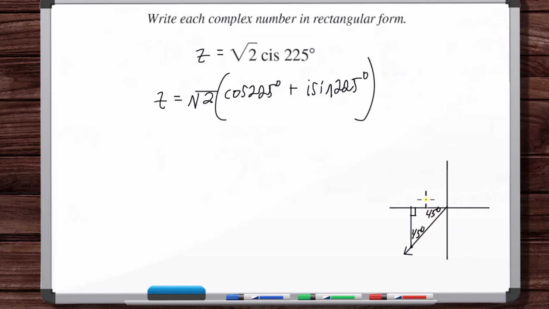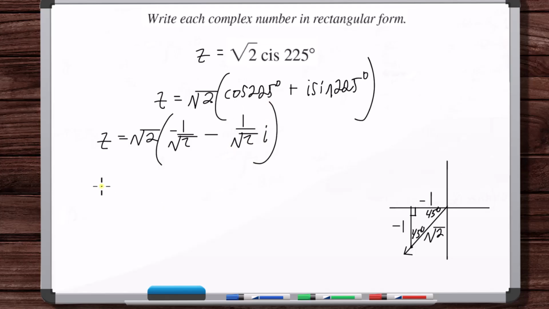Okay, so let's see, that's going to be minus 1 root 2. So, okay, we've got, so cosine 225 minus 1 over root 2, sine 225. Okay, so root 2 times minus 1 over root 2, that's minus 1, and then minus i. There we go.